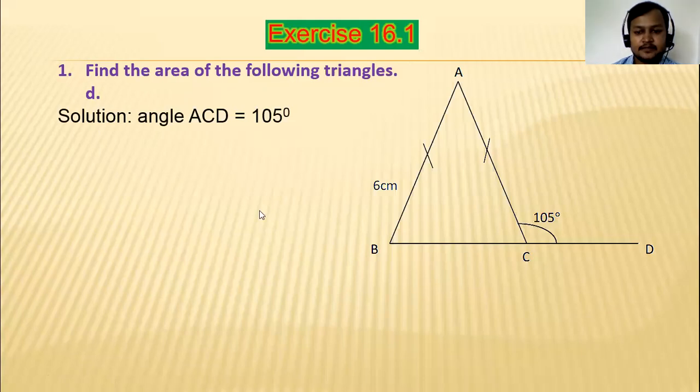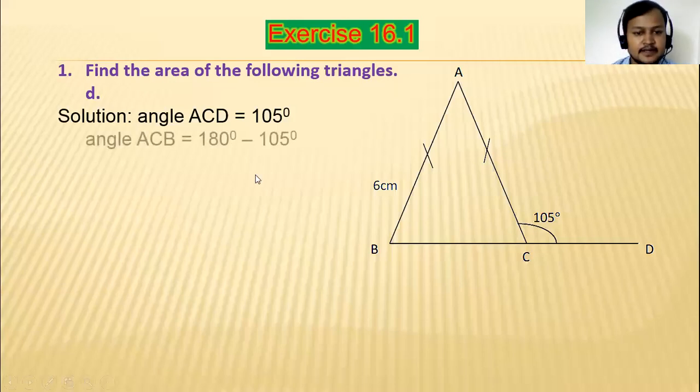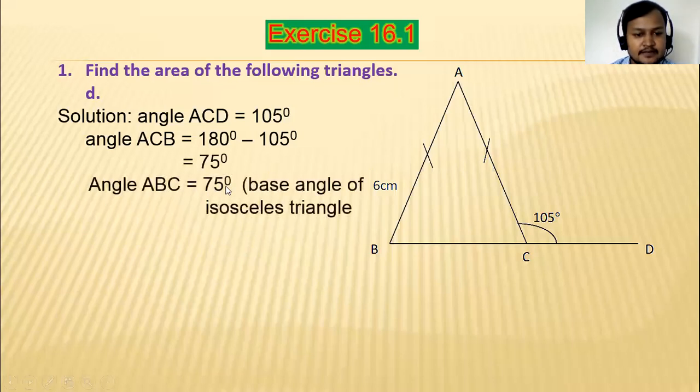Then we calculated the values of interior angles. Then we calculated the value of angle A also. We did this question almost up to the end. Angle ABC is 75 degrees after calculating ACB. 105 plus ACB is equal to 180.